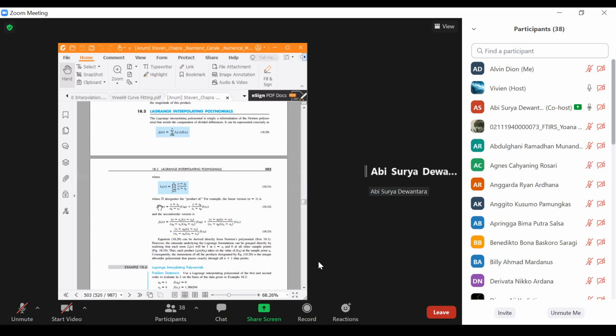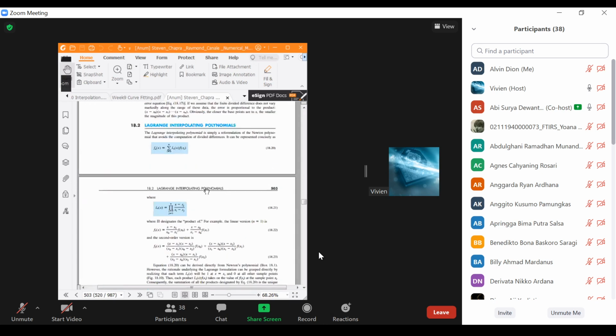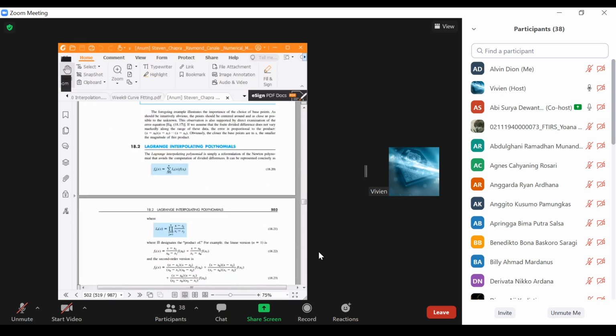This is the Lagrange interpolation, so chapter 18.